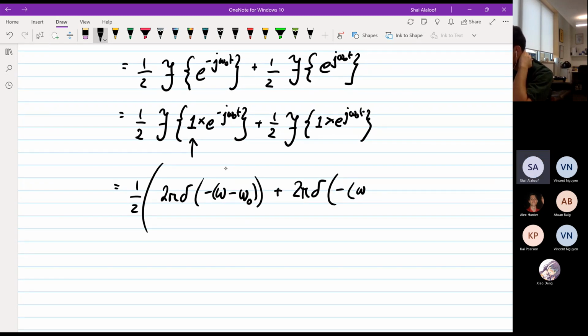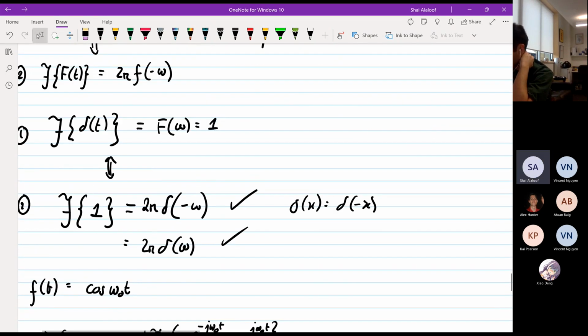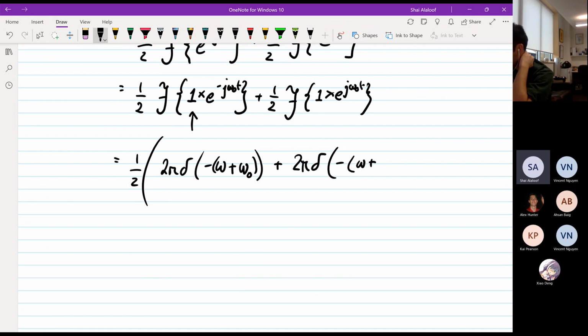Oh, oops, other way around, but it doesn't matter. This should be plus, this should be minus. Yep, there we go. So all we've done is recognize that a phase shift is a frequency shift in the Fourier domain. Phase shift in time domain is frequency shift in Fourier domain.